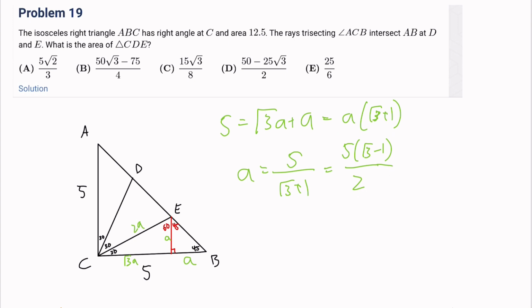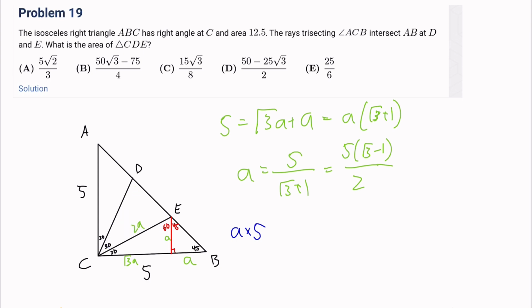And so now we have to do A times BC, which is 5, times 1/2 will be CEB, and to get ADC also, we multiply by 2, because that will be the combined area of ADC and CEB. So that's just 5A.